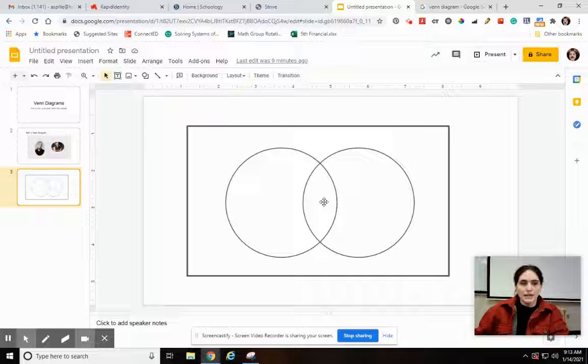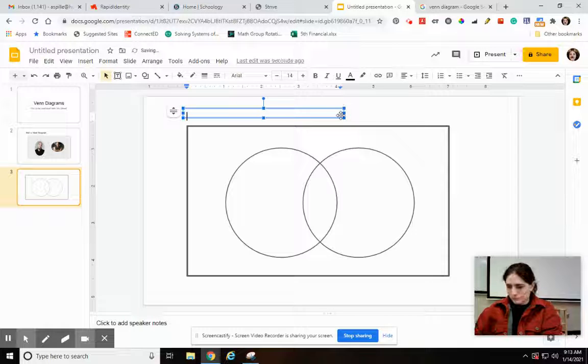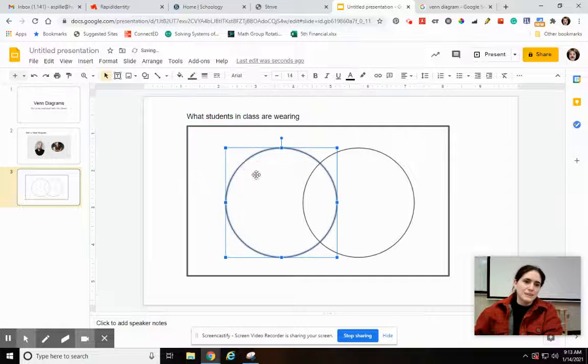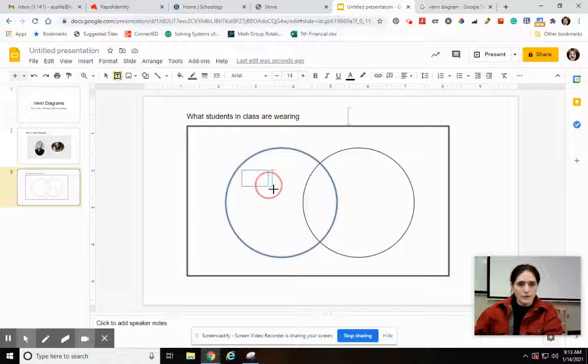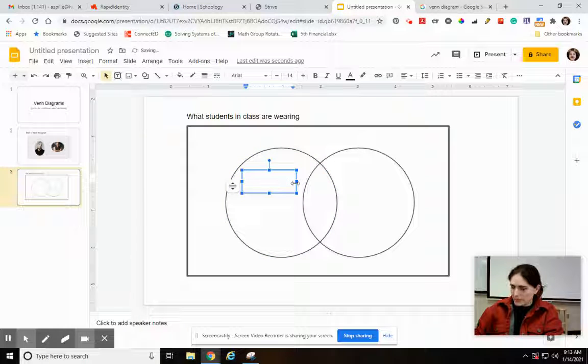So if we took an example, just in general, let's say we're looking at what students in class are wearing. So this is a big class. So let's say in this circle, this is people wearing jeans. So some of the people are wearing jeans, some of them aren't.